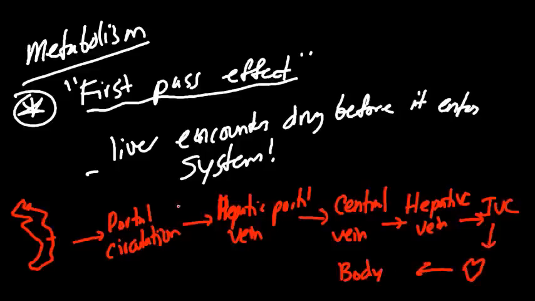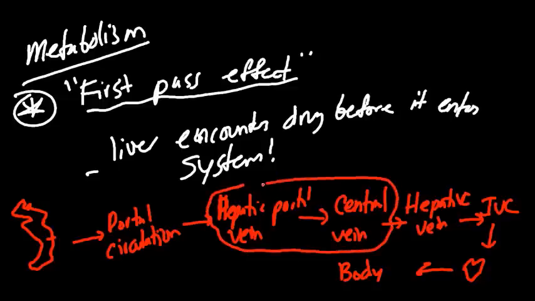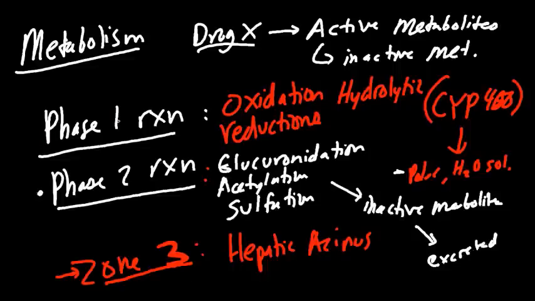Now this is important. We started with enteral absorption. We took an oral pill, an oral drug, that goes down through your stomach, to your small intestine and gets absorbed. We go into portal circulation. Finally, this is where the drug will encounter our liver. It'll encounter our phase 1 reactions and our phase 2 reactions.